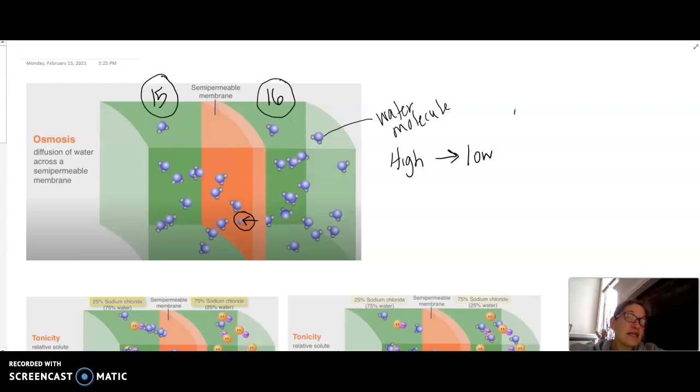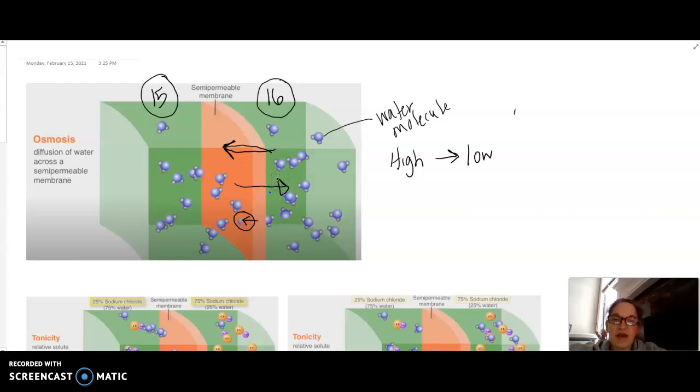Well, 15 does not equal 16, and so what will happen is for every molecule that's going to move across in this direction, then we'd end up with 16 on the other side, and you would see that then 16 would not equal 15, and so then a molecule will move back to the other side.